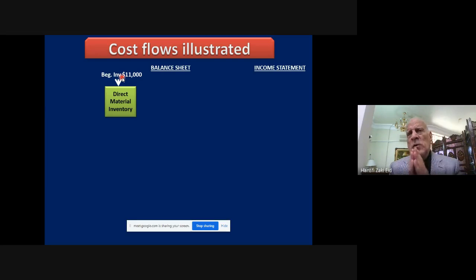To determine the cost of production, we have to calculate the raw materials used in production plus direct labor cost, plus indirect costs, or what is called overhead.